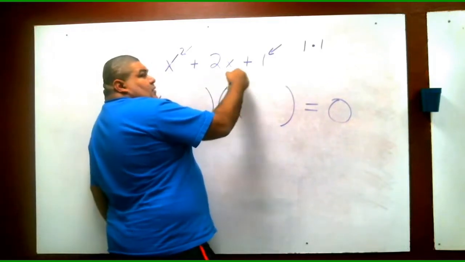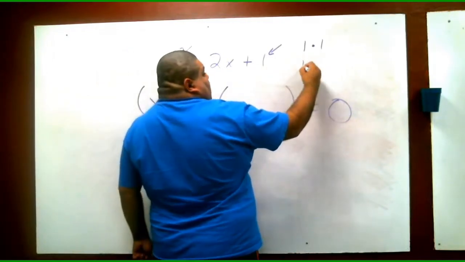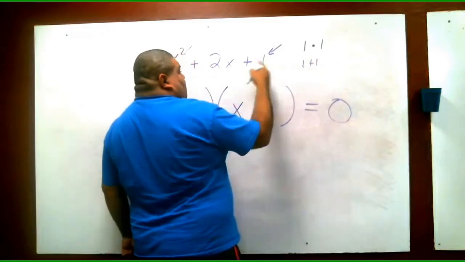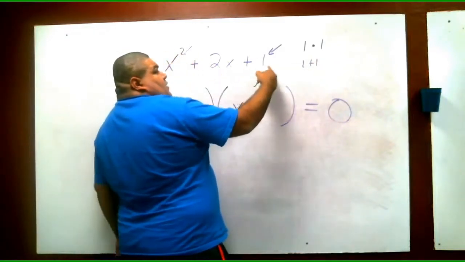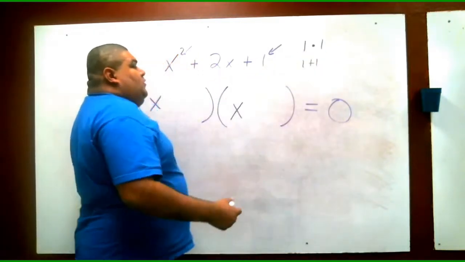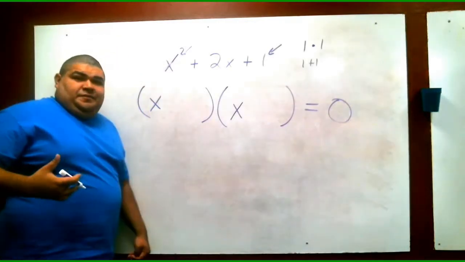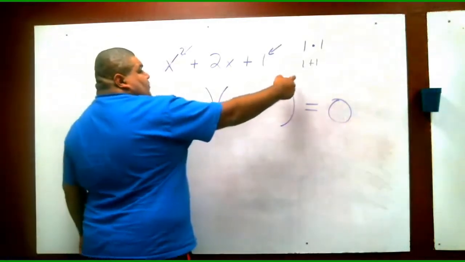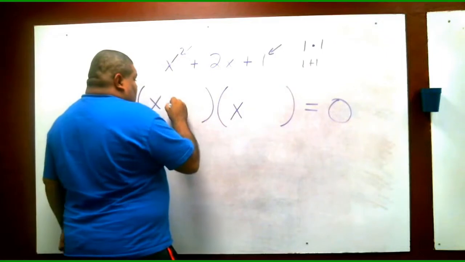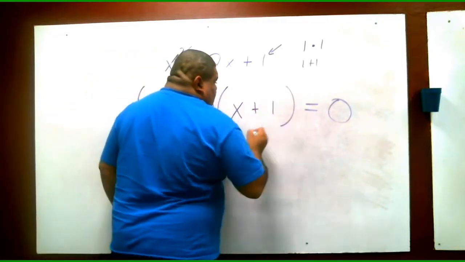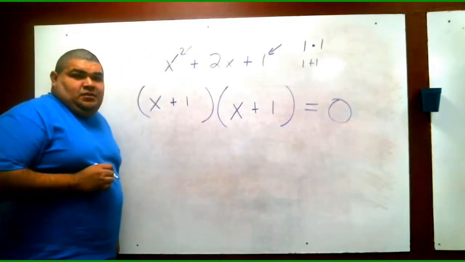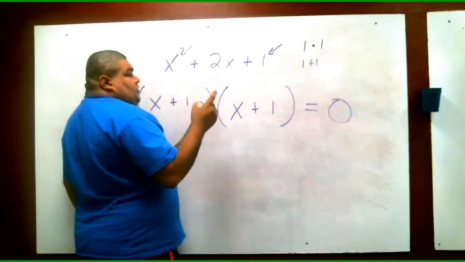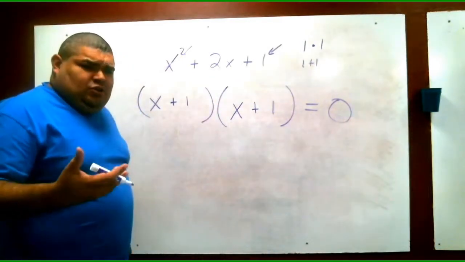So for the b, we're going to add the 2. 1 plus 1, which is 2, right? And then 1 times 1 is 1. So we know that if we put the two numbered ones inside the parentheses, we get 2. You might ask yourself, how do you get 2?